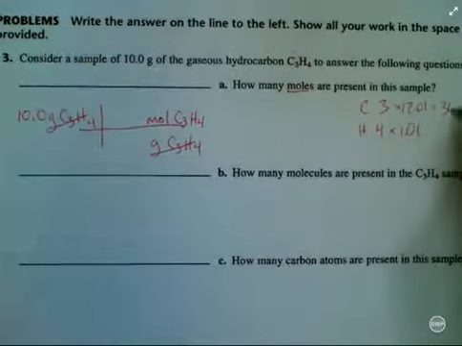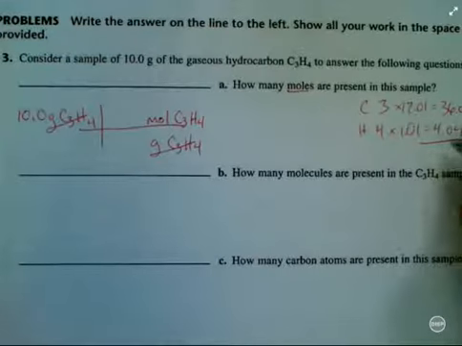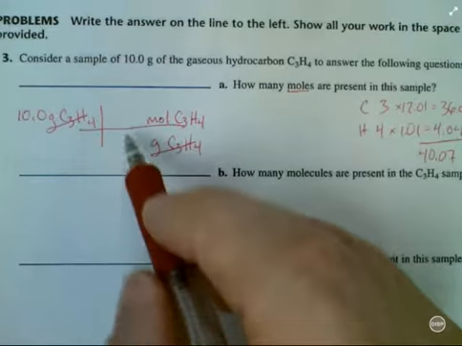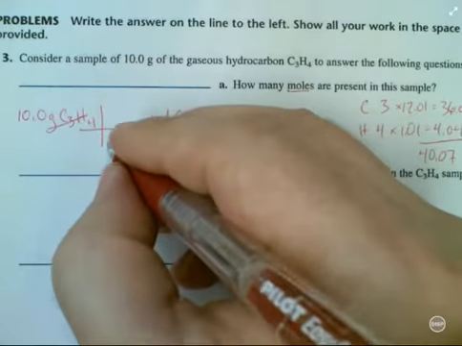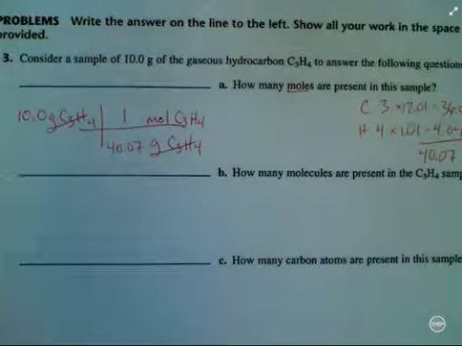So it's going to be 36.03, 4.04, and that total is going to be 40.07. Again, this could be a formula mass or a molar mass. Right now, I want it to be a molar mass. So this is 40.07 grams per 1 mole.